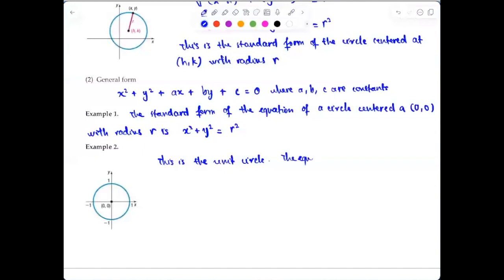Given this equation, it tells you that this is a circle centered at the origin, which is 0, 0, with radius 1. Because the radius is 1, we call this circle the unit circle.